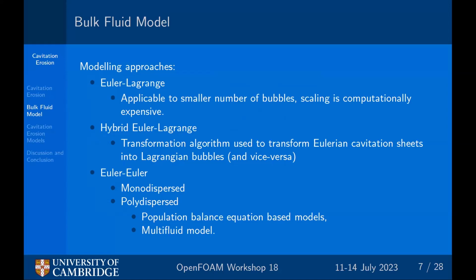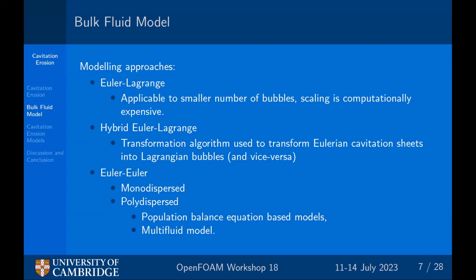Next is an interesting idea, which is called the hybrid Euler-Lagrange, in which larger structures such as cavitation sheets are represented in an Eulerian frame, and as they become smaller or detached, they are transformed into a Lagrangian frame, and vice versa. However, that is also expensive and perhaps more applicable to cavitation sheets and larger structures like that.